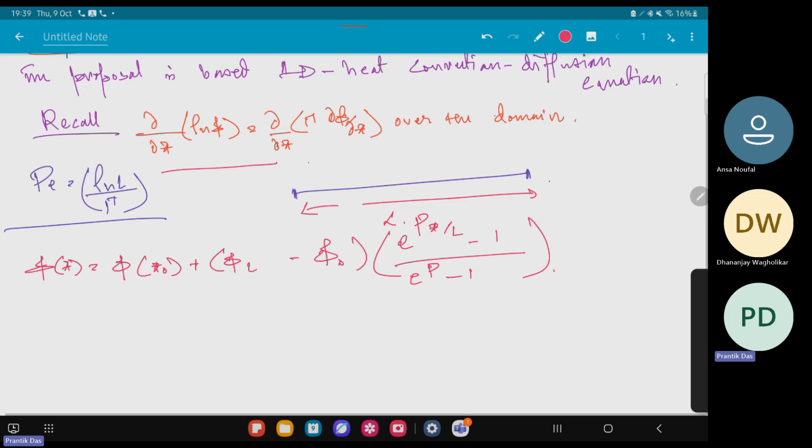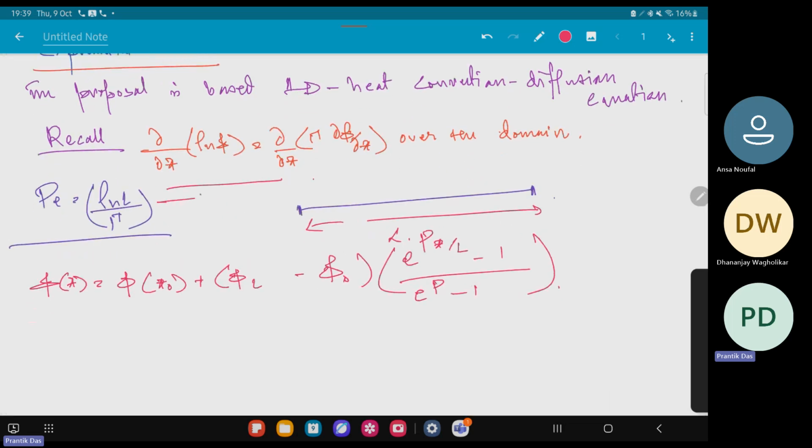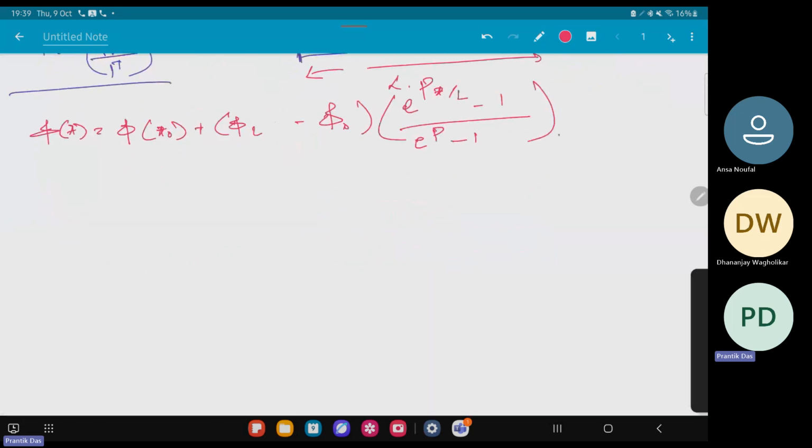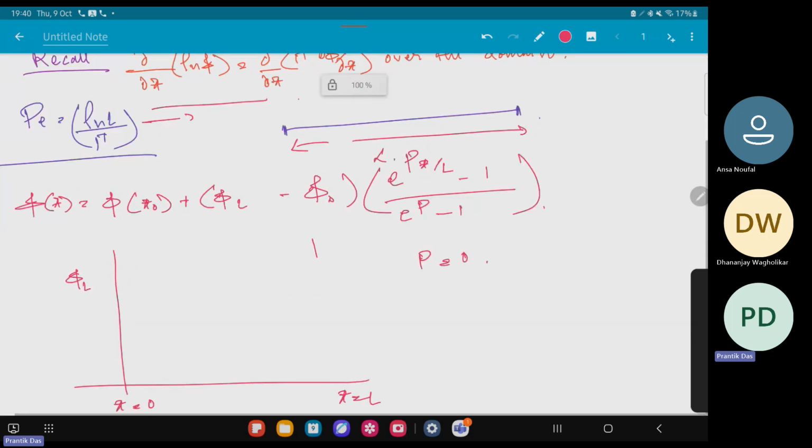Therefore, the Peclet number is basically the ratio of the convective to the diffusion process. If I plot phi as x changes from 0 to L, for different values of the Peclet number, then if the Peclet number is equal to 0, it becomes a linear line.